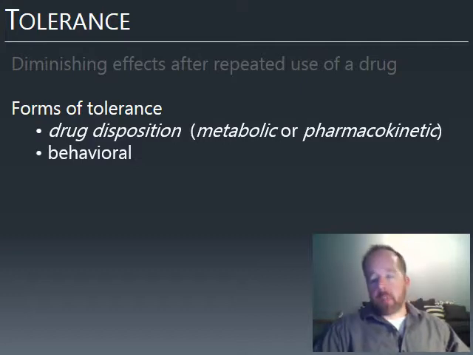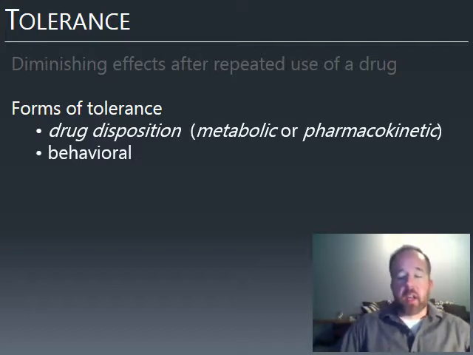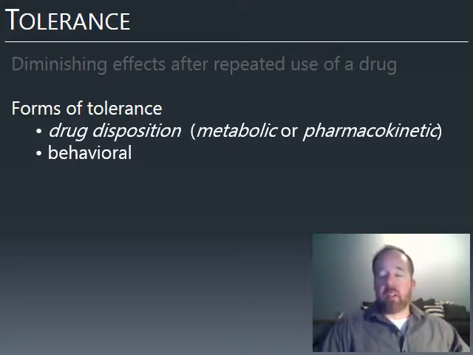There's also behavioral tolerance, and this again touches on the idea of expectations. So once you get used to taking a drug, it may not have the same effect on your behavior as it did before, because you can anticipate its effects and, in some ways, counteract them behaviorally.